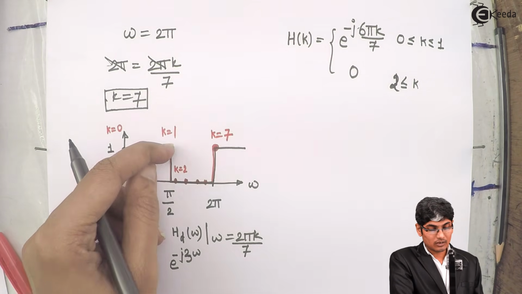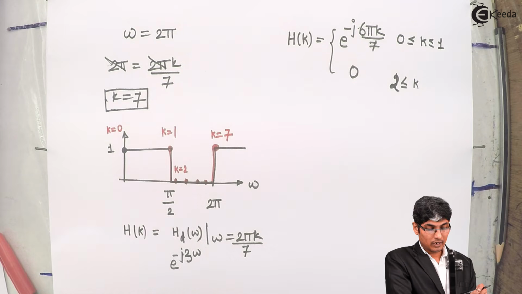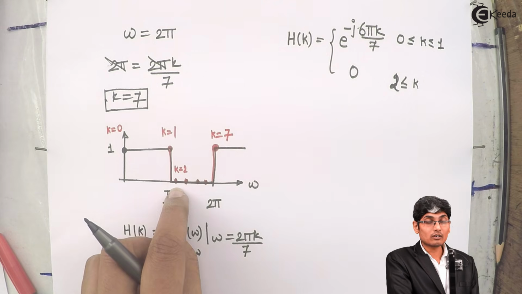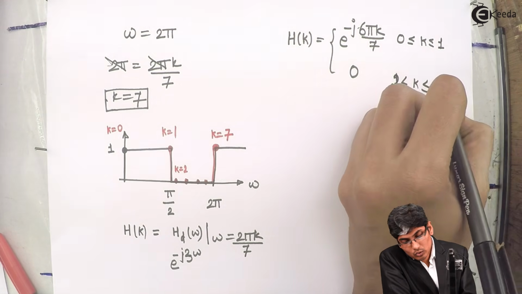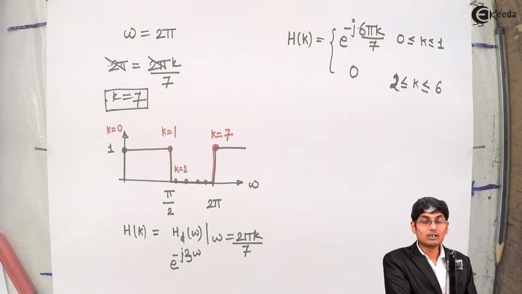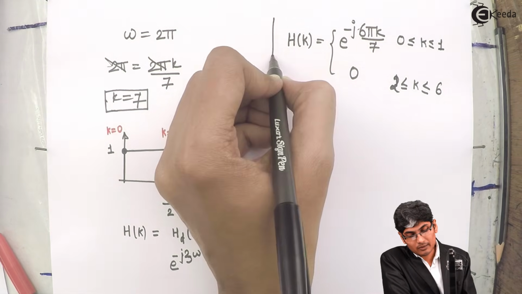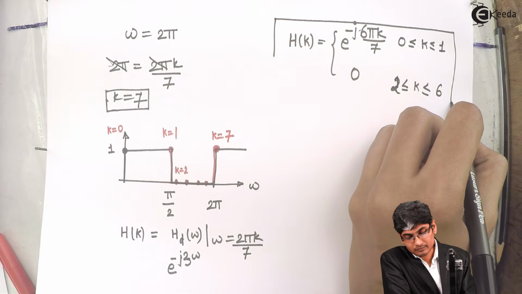At 1 you will have 2 values at one point, so that will not happen. I will have k equal to 2 as the next value. So at 2 to 6 I will get the values as 0. So this is my h of k.